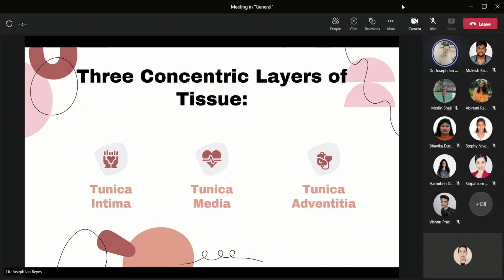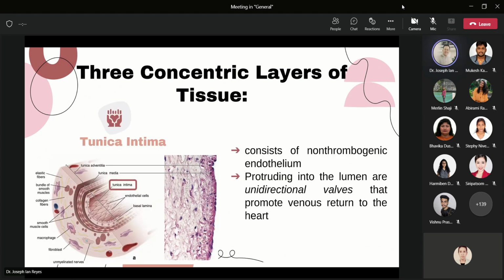Again, three concentric layers. The venous tunica intima consists of non-thrombogenic endothelium, with protrusions into the lumen forming unidirectional valves that promote venous return to the heart. So it has a different function than your arteries.